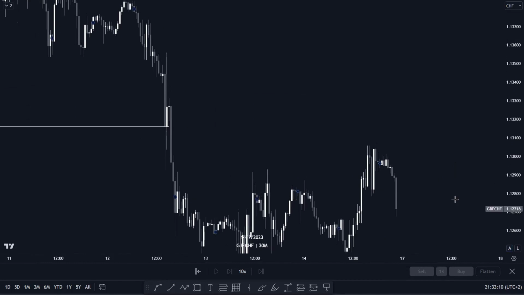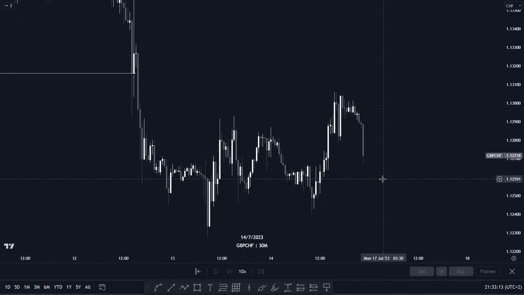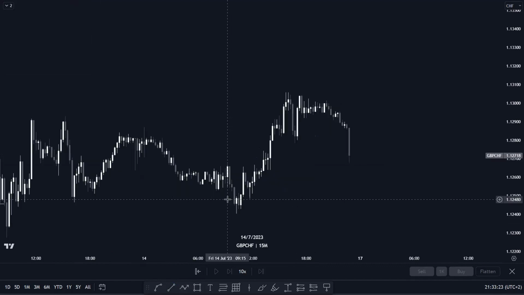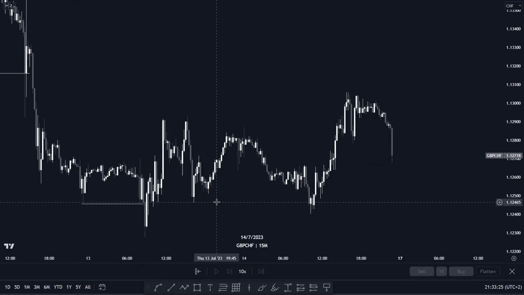So as you can see here on our 30-minute time frame, price created a break of structure here and a change of character. So let me just go to our 5-minute chart.